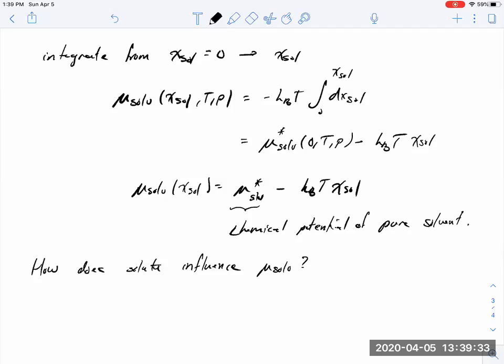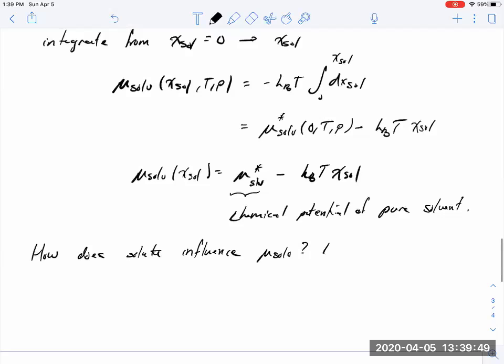So this influence, this change in the chemical potential of the solvent, is just due to entropy. It's just due to a lower number of microstates that the solute has imposed on the solvent. You call this term an entropy of mixing.